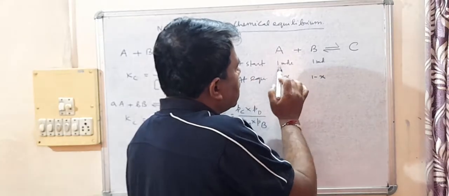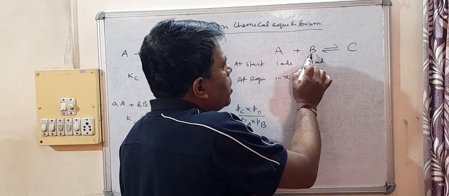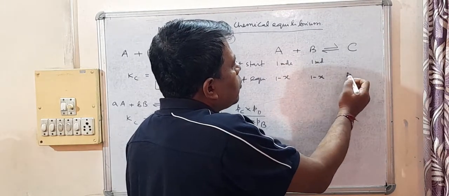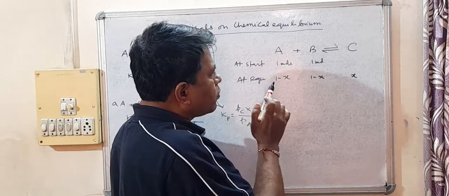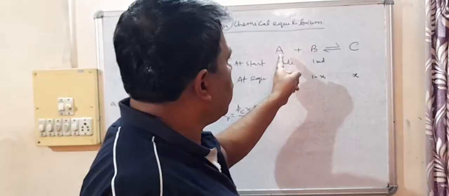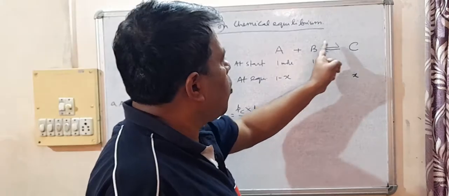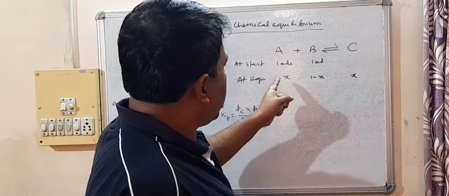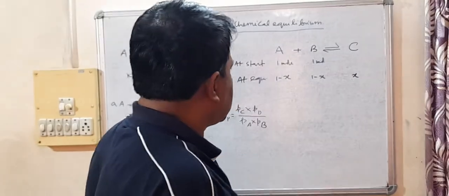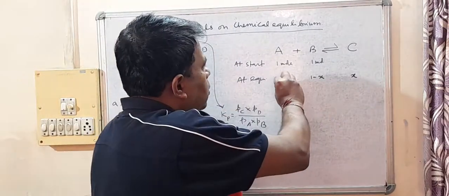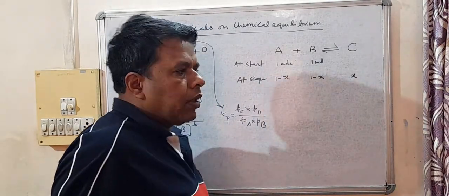And since x mole of A has reacted with x mole of B, x mole of C will be produced, because 1 mole of A reacts with 1 mole of B and forms 1 mole of C. So this is the moles of reactants and products at equilibrium.